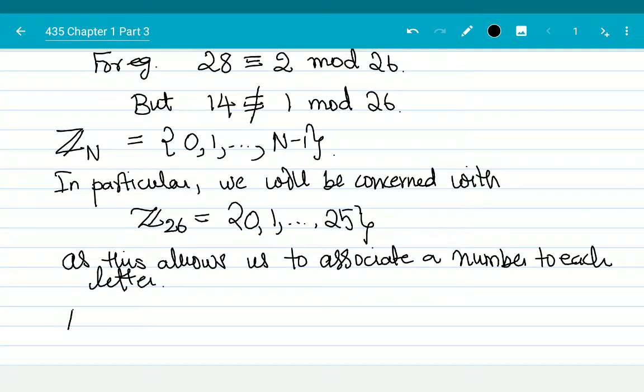With a equal to 0, b equal to 1, c equal to 2, and so on, with z equal to 25.